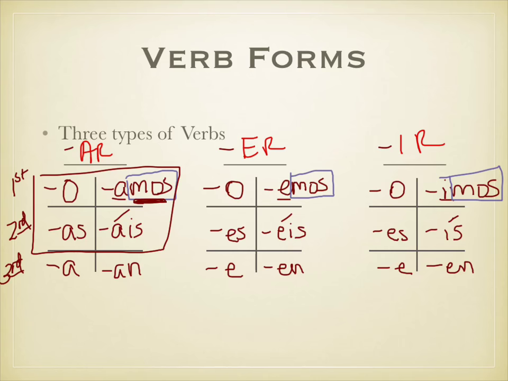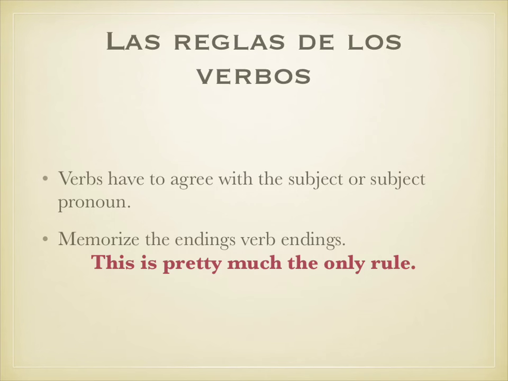Okay? Let's take a look at some of the rules for las reglas de los verbos. Verbs have to agree with the subject or subject pronoun. You can't just put whatever ending you think is what you want to do, okay? So the first thing you have to do is they have to agree, and then you have to memorize the verb endings. This is pretty much the only rule. That's what you have to do.